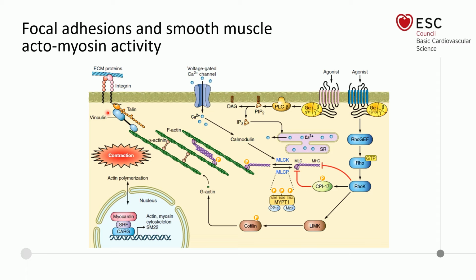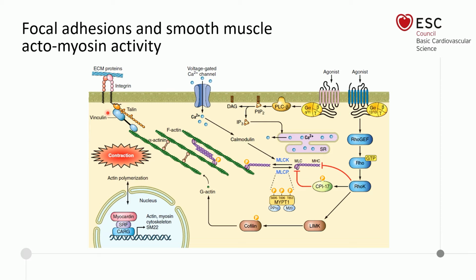For example, if we look at focal adhesions, we know that there is an interaction between integrin in the membrane of the cell and the nucleus for expression of genes. And at the level of contractility, the most important pathway is the signaling of GPCR, G-protein coupled receptors.